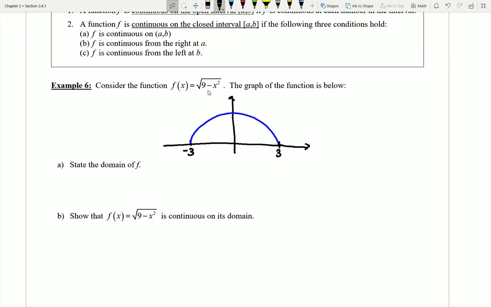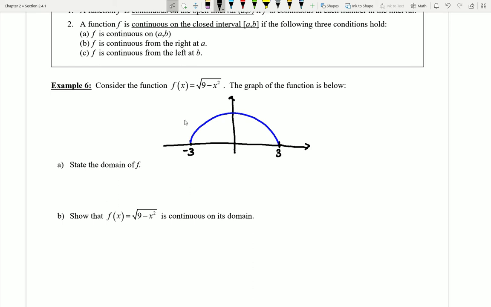So in this case, I could start to see that, well, obviously some values are going to be off limits, right? Like I can't plug 4 in. If I plug in the value of 4, I'm going to get 9 minus 16. That's going to put a negative under the radical, and we don't want to deal with complex numbers in Calculus 1. So we're only going to be dealing with real numbers. So let's think here.